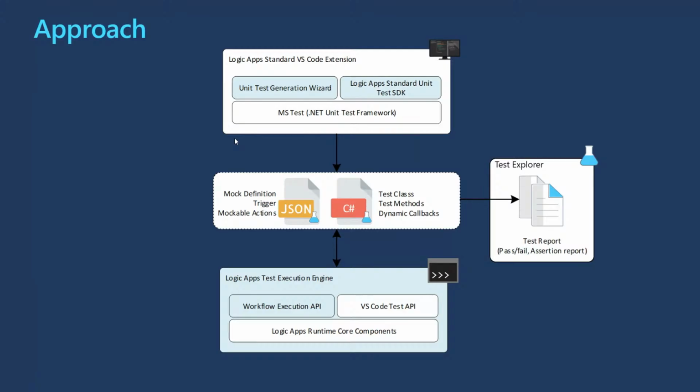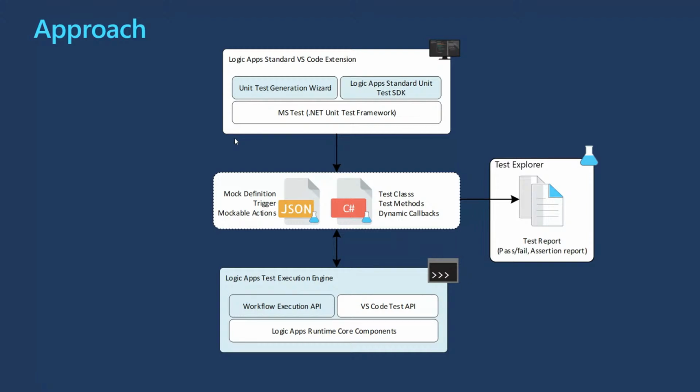And in cases where you want to take advantage of your run history, a mock JSON file with the mock definition for triggers and what we call mockable actions. Mockable actions are those actions that have external connectivity that you wouldn't be able to control by yourself during runtime. So we allow you to control that by creating mocks, but we will not be creating mocks for things that execute inside Logic Apps, such as composes, variable generation, ifs, and things like that. This is actually the logic that you want to test.